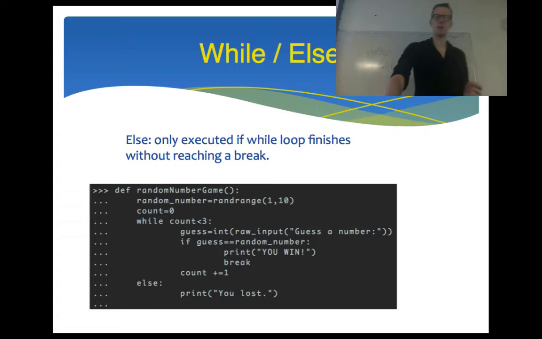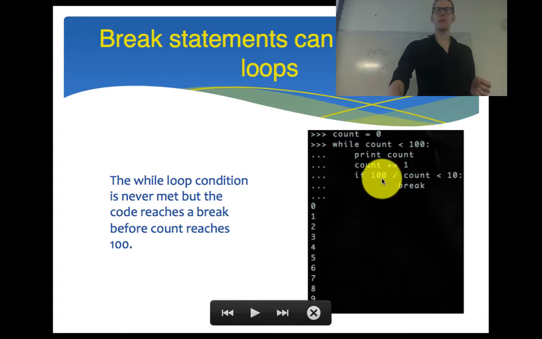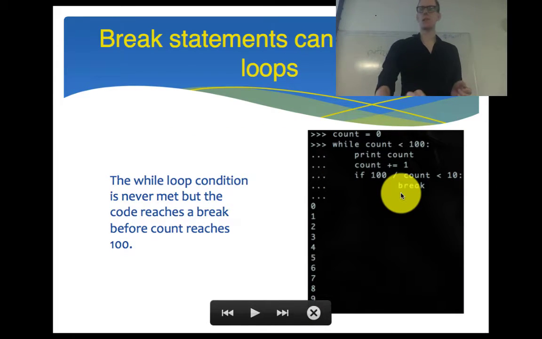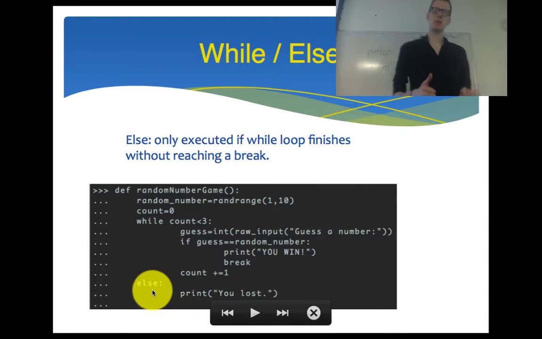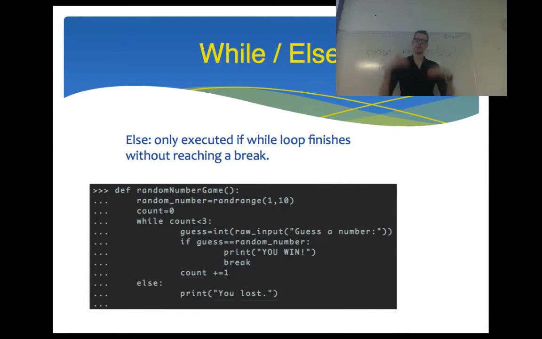So in this previous example, we saw that the reason the while loop finished was a break statement. It wasn't this condition turning to false. So an else statement in line with a while statement will only trigger if the condition has turned from true to false and the while loop has finished for that reason. If the while loop finishes because of a break statement, the else will never get triggered.